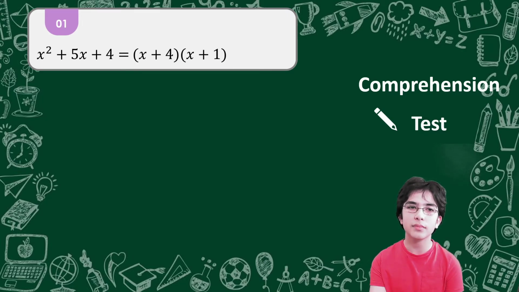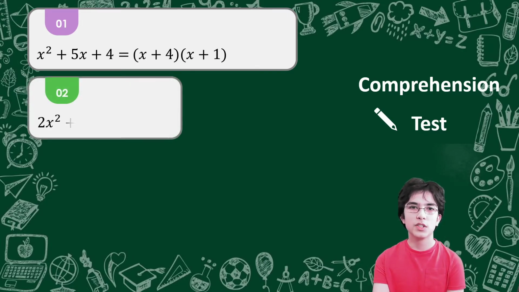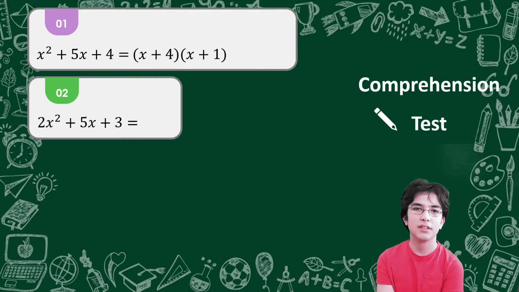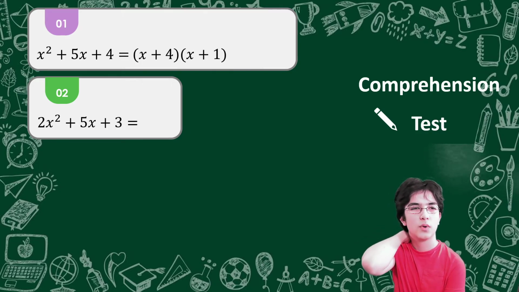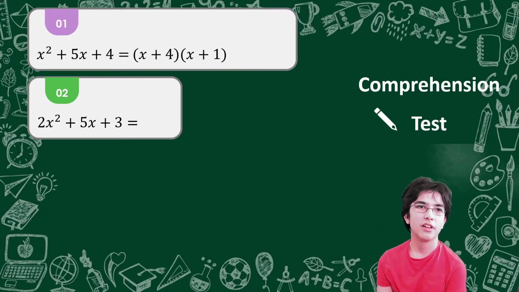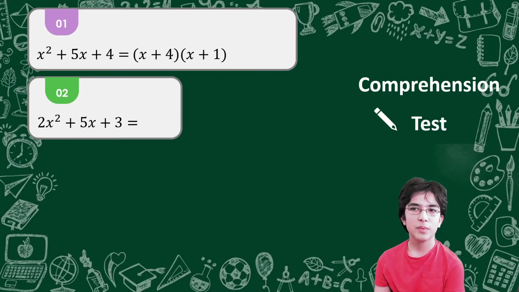In the second question, we will look at this, which is still a simple double bracket multiplication, except with a larger than 1 number for the x squared. So here we'll have to find factors of the first number and the third number. Since this equation is mostly prime numbers, it's quite simple here.